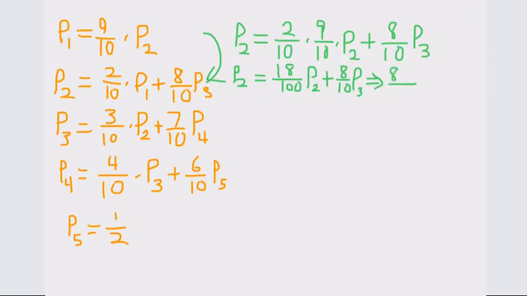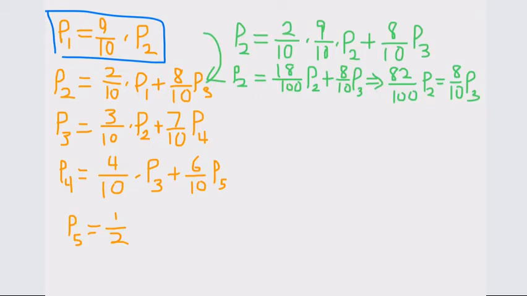That gives us 82 over 100 p2 equals 8/10 p3. Then we can multiply both sides by 100 over 82 to get p2 in terms of p3, just like we had p1 in terms of p2. And then we can substitute in and eventually solve for p1.